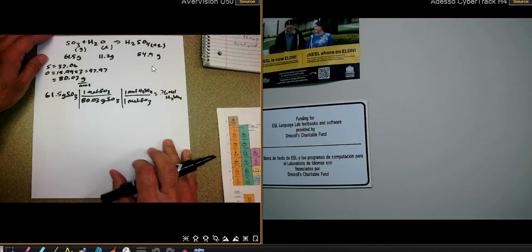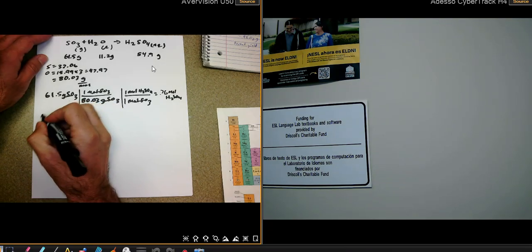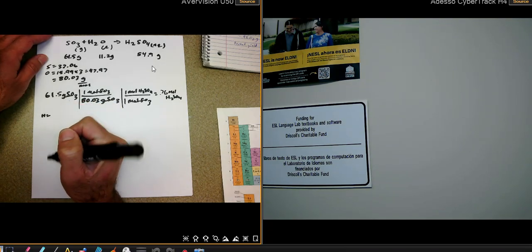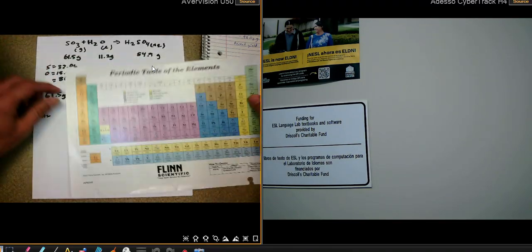Now I'm going to react the water, see how much I get with the water. I go to my periodic table, find all the masses.